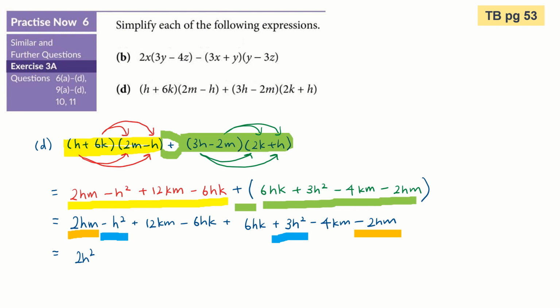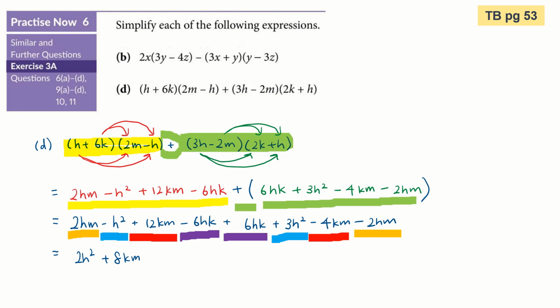Then we also have some more like terms. We have this positive 12km with this minus 4km, and that simplifies to plus 8km. Then the very last pair of like terms, running out of color, we have minus 6hk and a plus 6hk, and that becomes 0. And therefore, my most simplified answer would be 2h squared plus 8km.